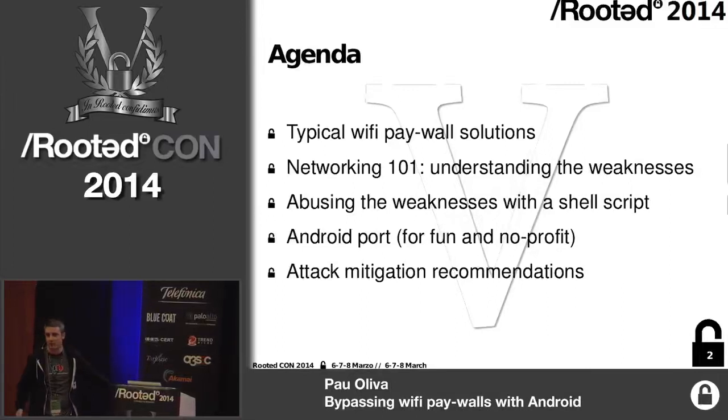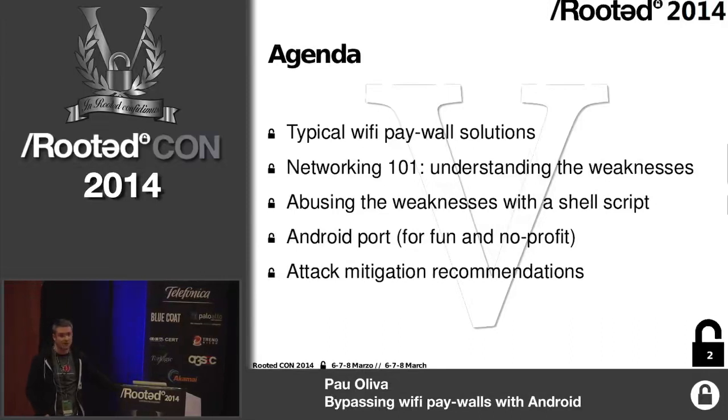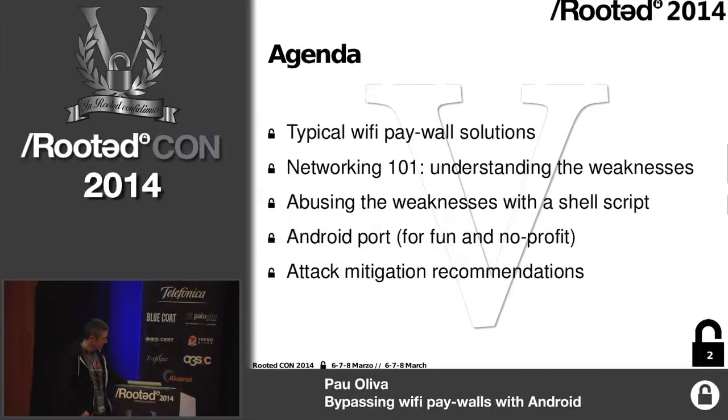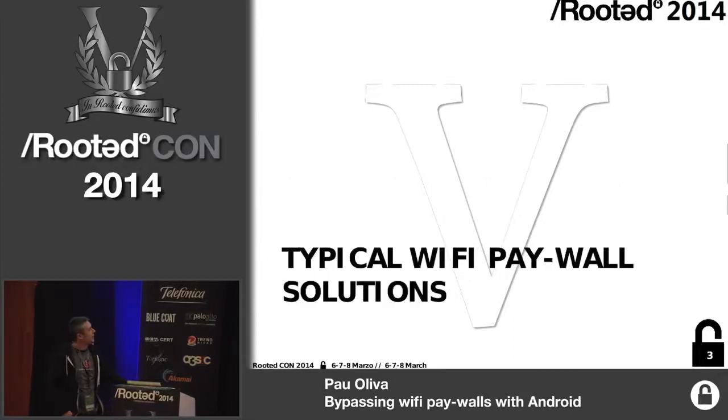Once we know how hotspots work, we need to understand their vulnerabilities and how to jump off the captive portal with a shell script, how to port the shell script to Android for fun and non-profit, and then some attack mitigation recommendations. Let's move on to the next slide.